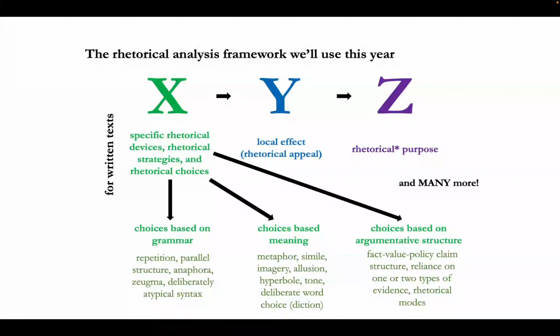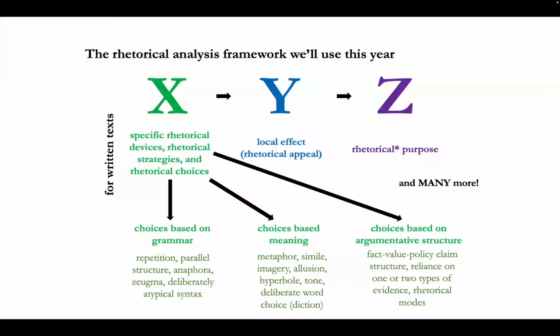Those are all meaning-based rhetorical choices. However, there's this last category that we haven't talked much about, and that last category is the rhetorical choices that are based on argumentative structure. And the rhetorical modes fall into that category.